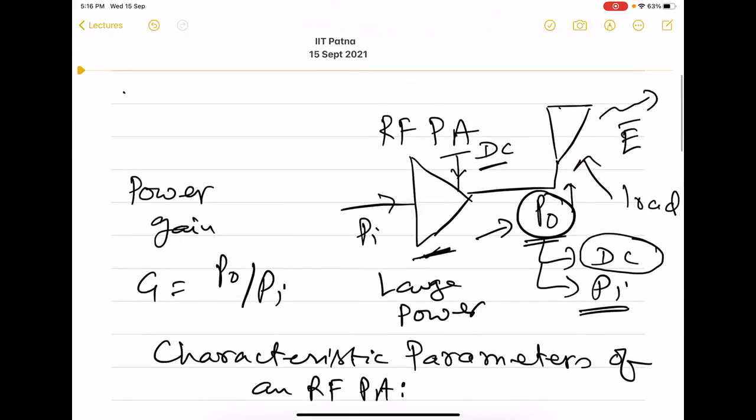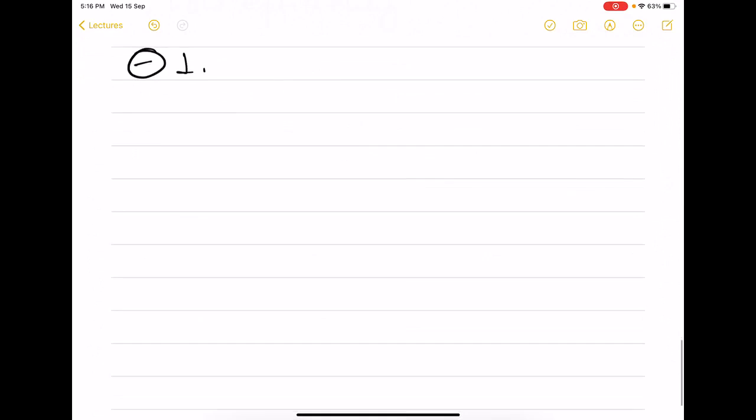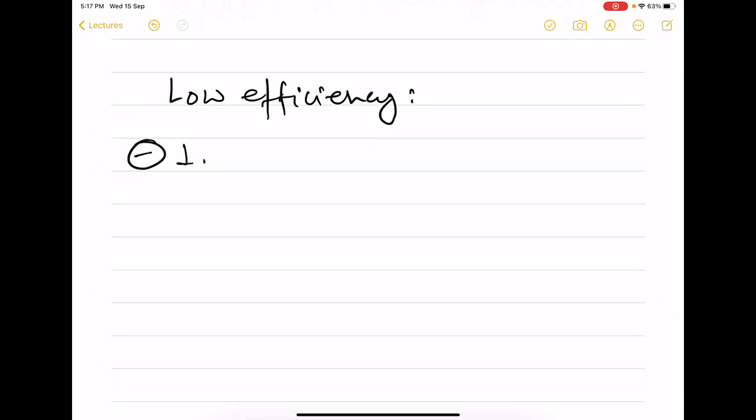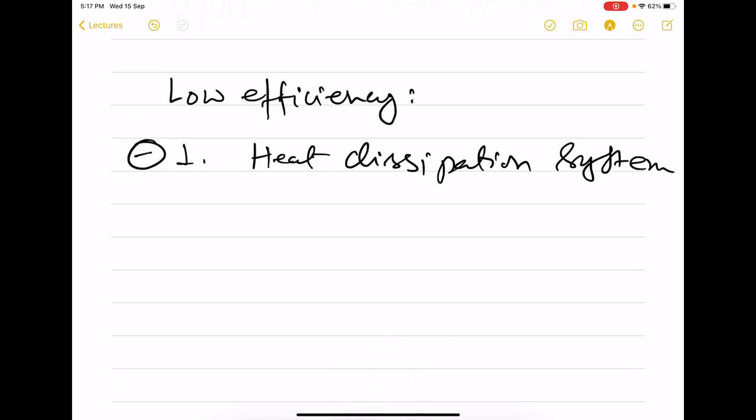So if not the entire DC power or a major portion is getting converted into output power, then a lot of power will get dissipated in the form of heat in the amplifier itself. So an amplifier with low efficiency will generate a lot of heat, and then this will require a heat dissipation system. This system will be required so that the heat generated in the amplifier can be dissipated.